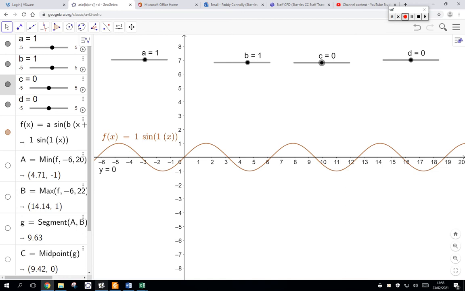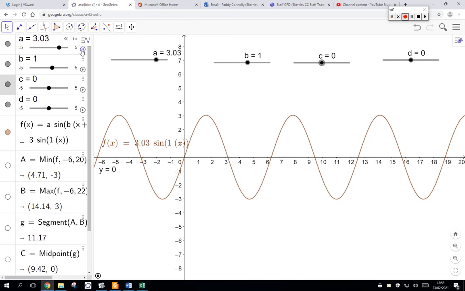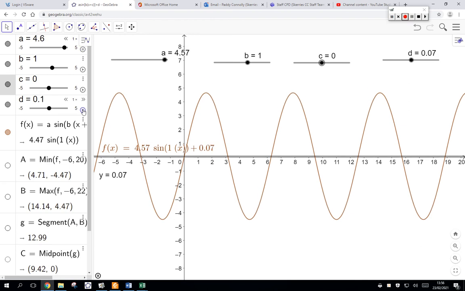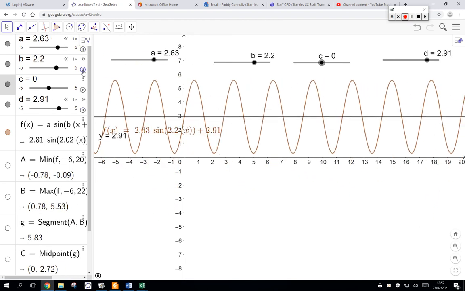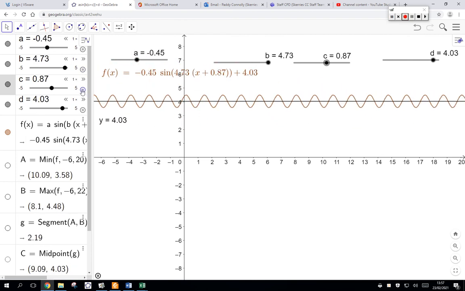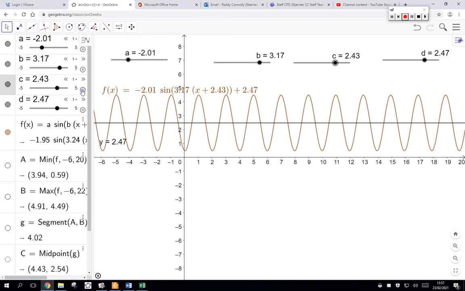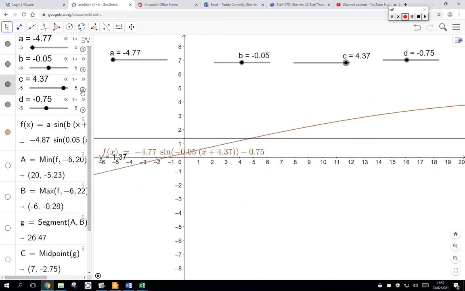What's the period? What's the range? They'll change different things. They'll change A, they'll change D, so it moves up and down. They'll change B to get the period to change. And on our course, not so much, but well worth knowing, they'll change the value of C, which will move the whole thing left and right as well.